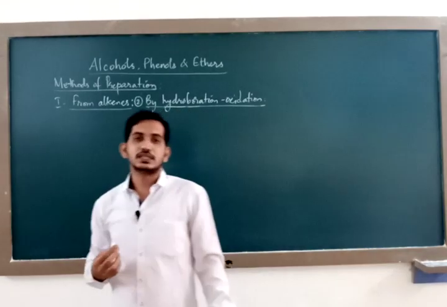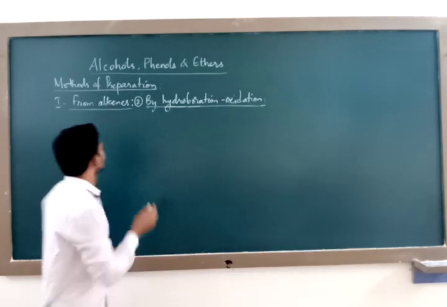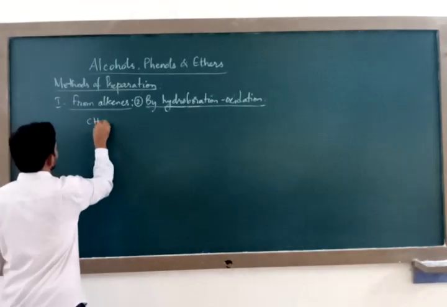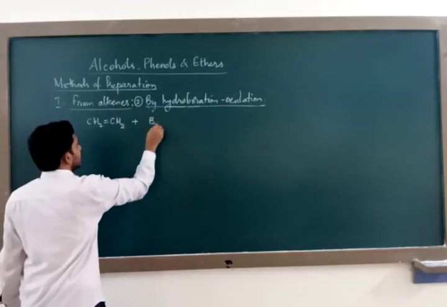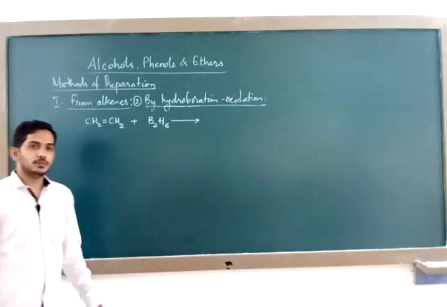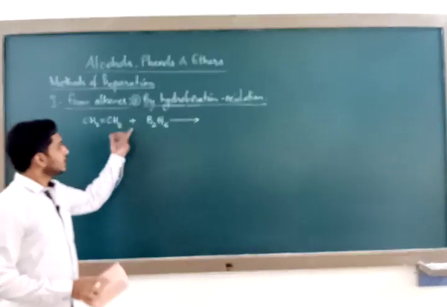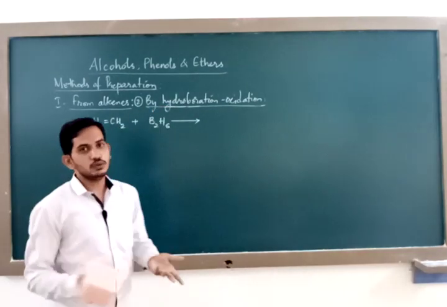For this reaction, you need diborane as a reagent. So take an alkene, react this with diborane. Now when these two react, diborane gets added on to alkene, therefore the reaction is called hydroboration.